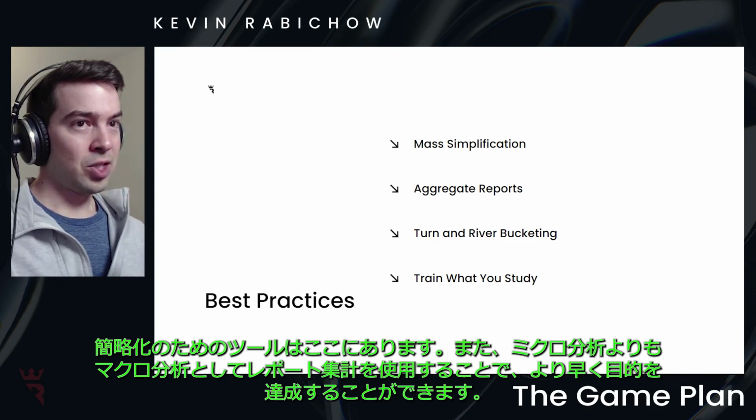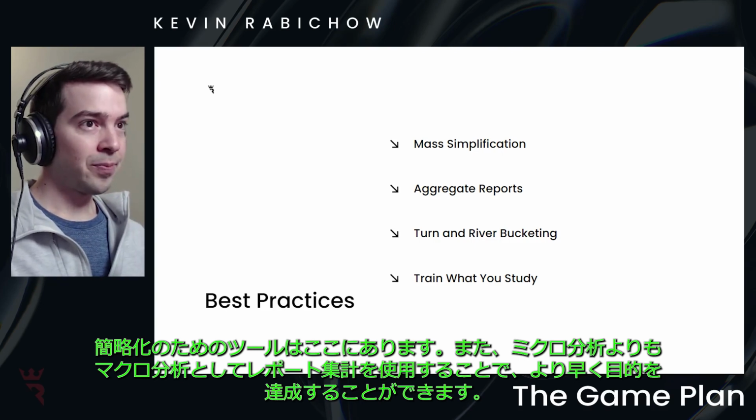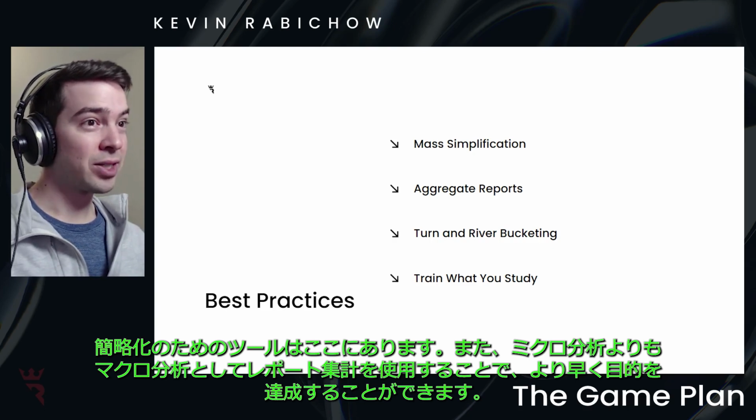So the simplification tools here, and also just using aggregate reports, like using the macro analysis rather than the micro analysis, is going to get you there a lot faster.